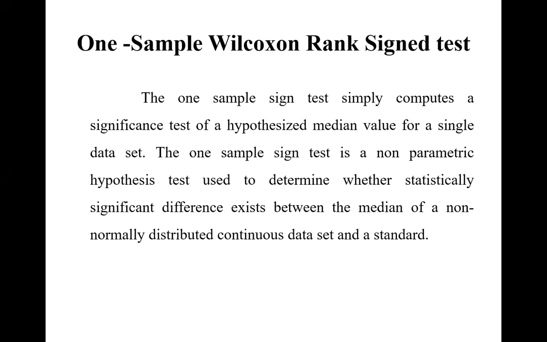Yesterday we were talking about the mean value, but here we will discuss the median value or rank, because I told you in ordinal data we create the ranks. The one sample sign test is a non-parametric hypothesis test.